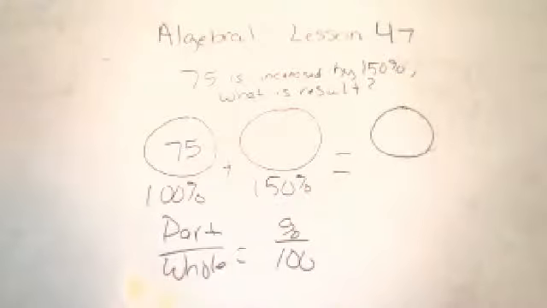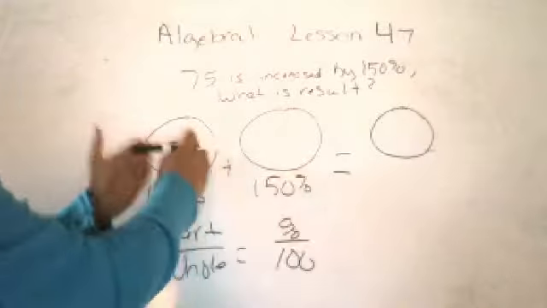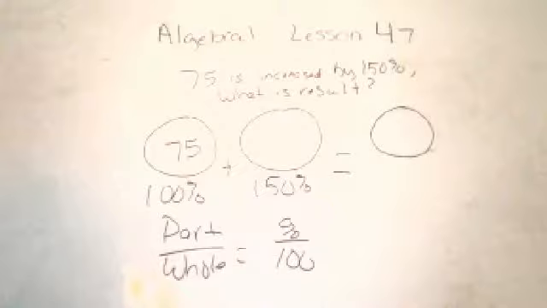So basically, we're taking what's 150% of 75? So we've got part, we don't know what the part is, but our base, the base is 75. The percentage is 150 over 100.